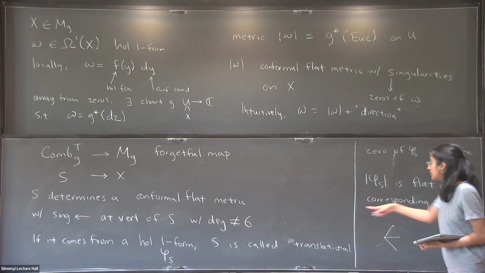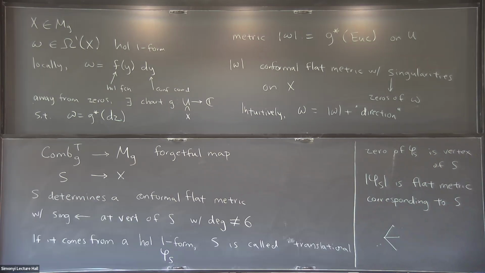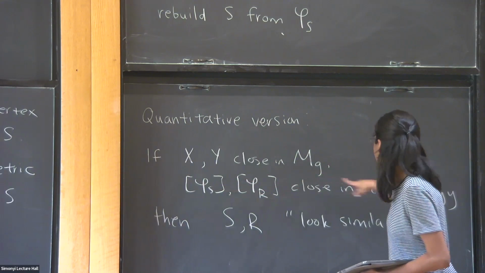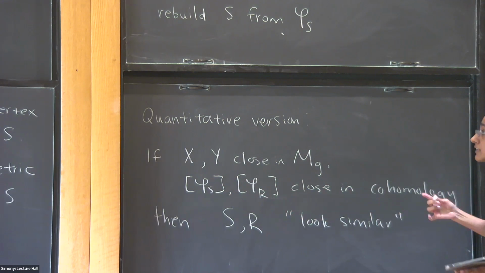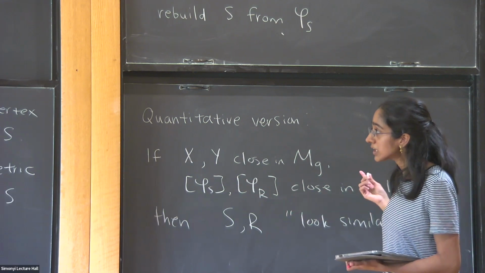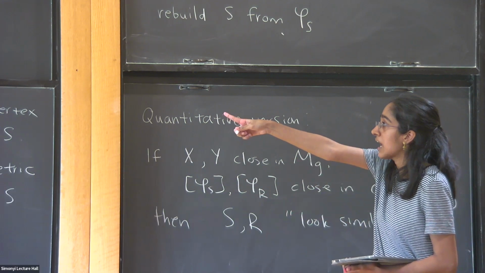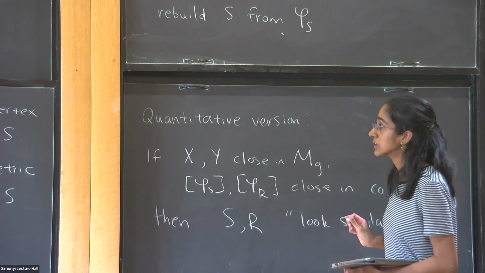And I don't have that, but if they're translational and also the cohomology classes are close in cohomology, then I do have such a statement that the triangulations themselves look similar. And so that's how to resolve the difficulty.